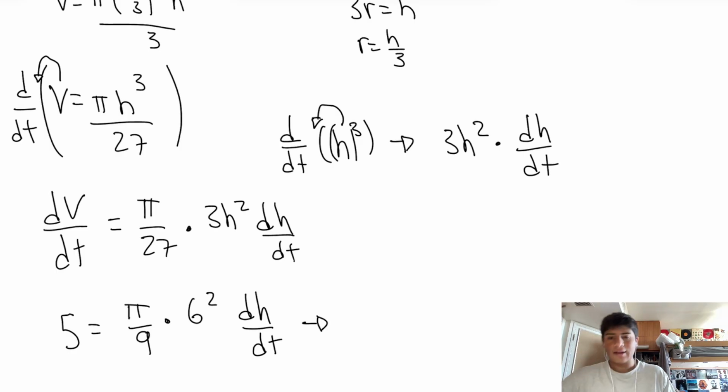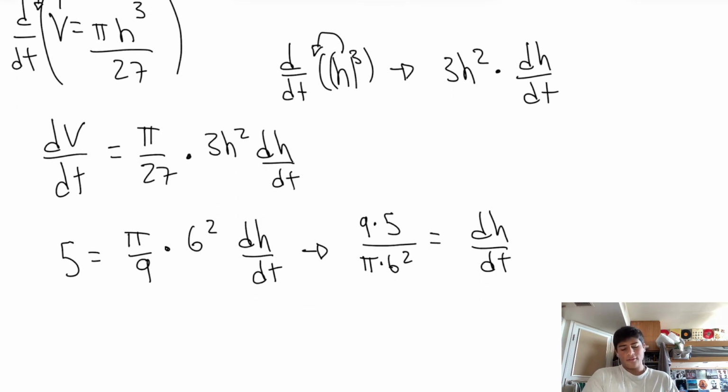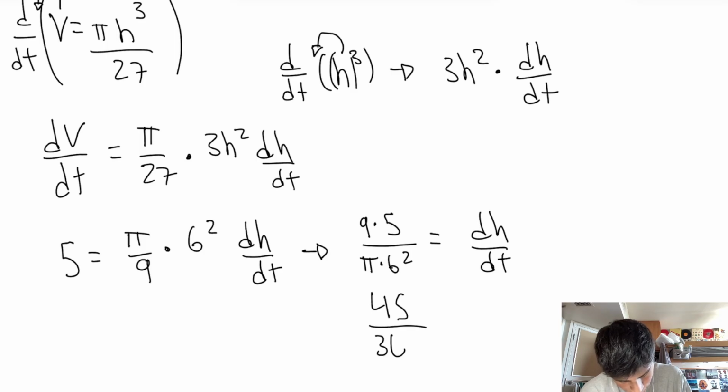Now, we can cancel stuff out and bring things over. So we get 9 times 5 over pi times 6 squared equals dh over dt. And this turns into 45 over 36 pi equals dh over dt.